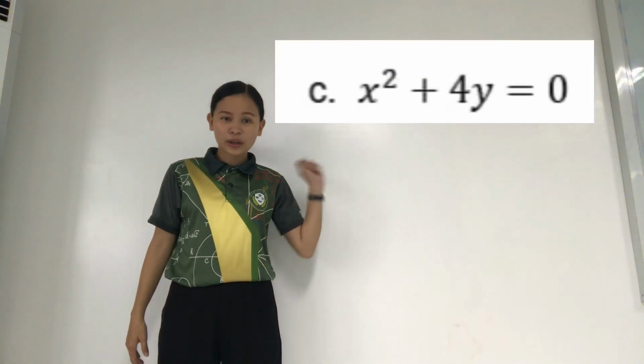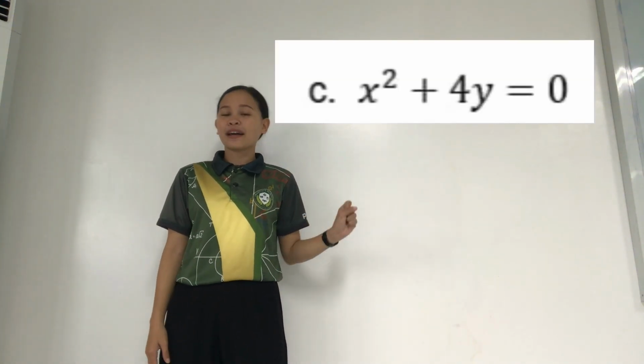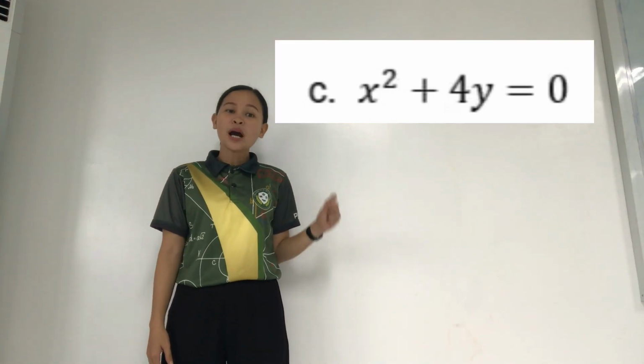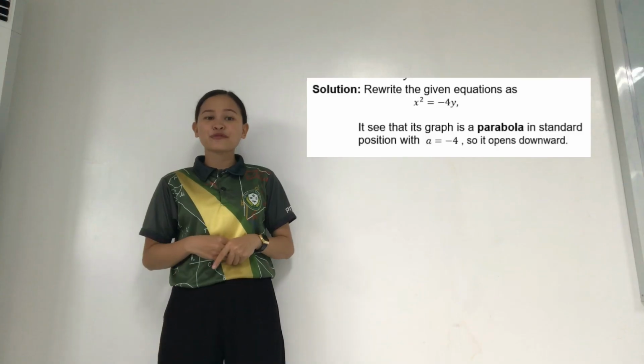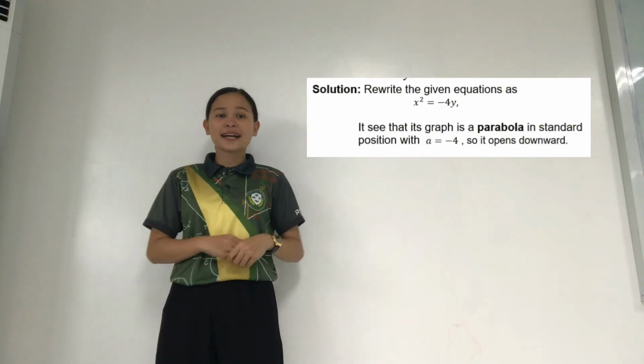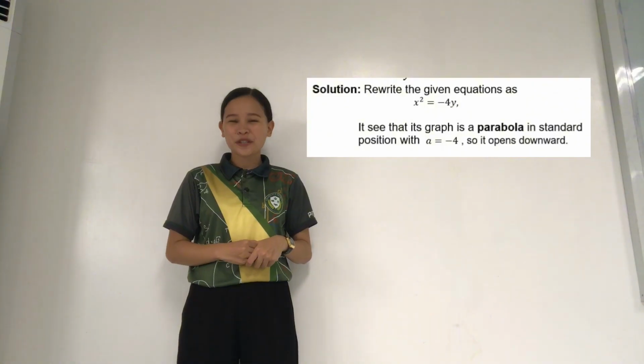How about the next equation? What type of conic section is this one? We have x squared plus 4y equals 0. We are going to rewrite the given equation as x squared equals negative 4y. It says that the graph is a parabola in the standard position.